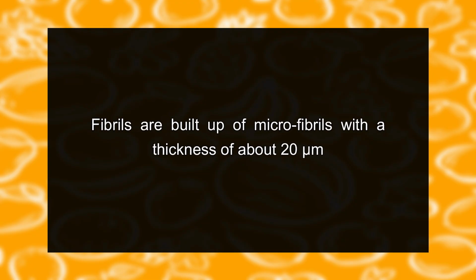Physically, each fiber cell is made up of four main parts, namely the primary wall, the thick secondary wall, the tertiary wall, and the lumen. The fibrils are built up of microfibrils with a thickness of about 20 micrometers. The microfibrils are composed of cellulose molecular chains with a thickness of 0.7 micrometers and a length of a few micrometers.